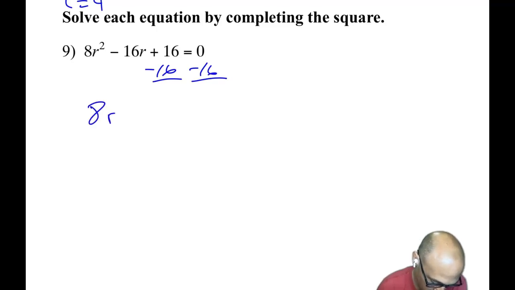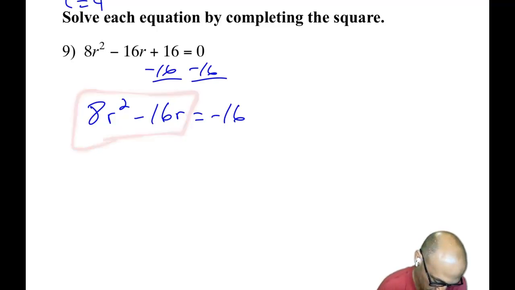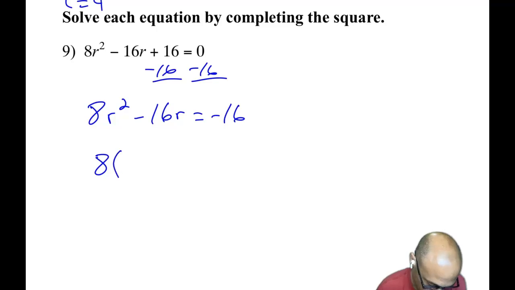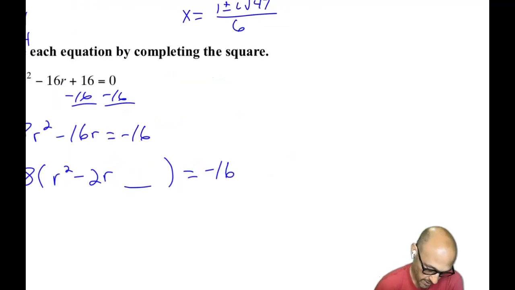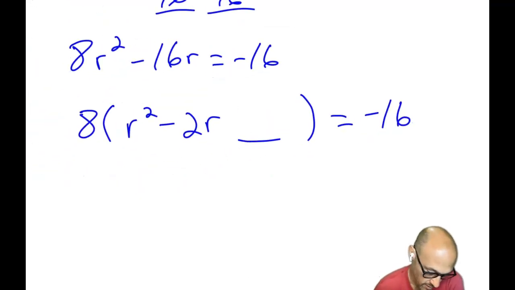I'm going to do that because it's going to make my completing the square a little cleaner, and then I'll bring it back over. So now I can factor out the 8 there. So I have 8 times the quantity r squared minus 2r, and then I leave a little spot here, equals -16. So this spot right there is where I'm going to complete the square.